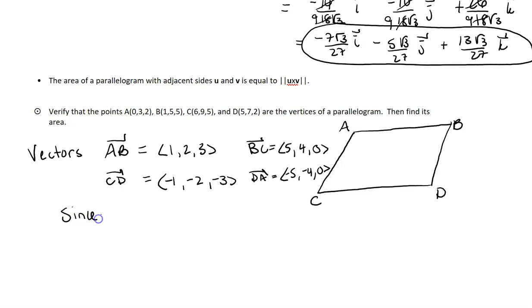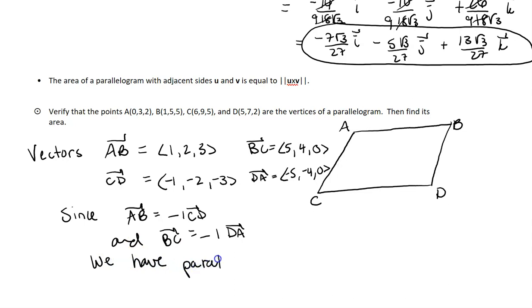So since AB is equal to negative 1 times CD, it's a scalar multiple, and BC is equal to negative 1 times DA, we can say that we have parallel sides AB and CD, and you can look at them and tell that their magnitudes are equal, which they would have to be.